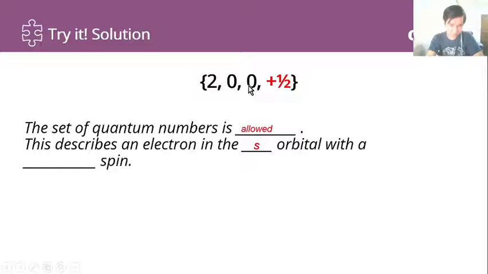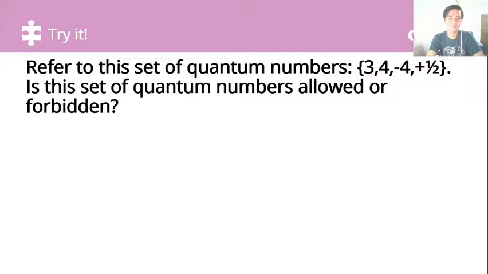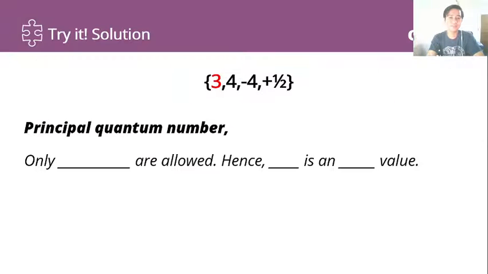Why s? Take a look, it's 0. When it's 0, the orbital designation is s, with a spin of +1/2. With +1/2, what is the spin or direction of the electron? It is clockwise direction or spin. So is it forbidden or allowed?